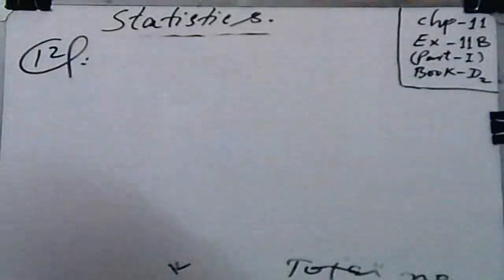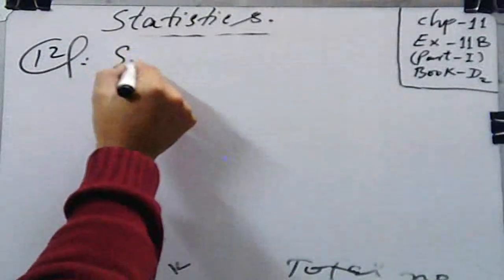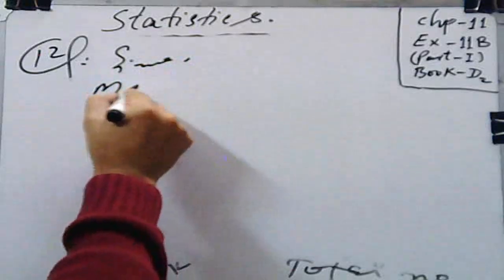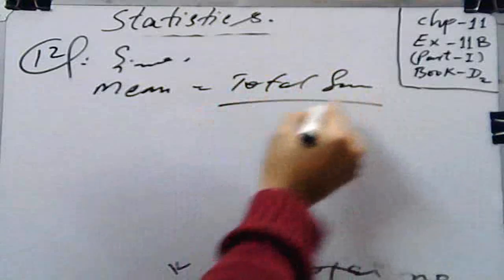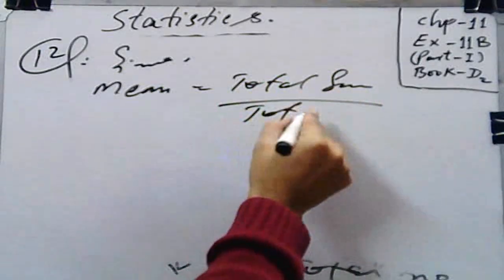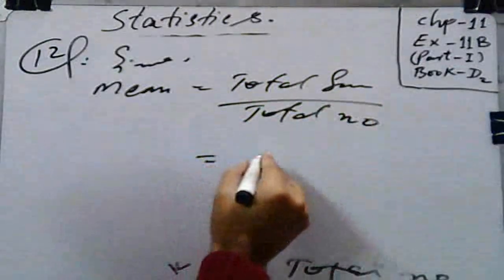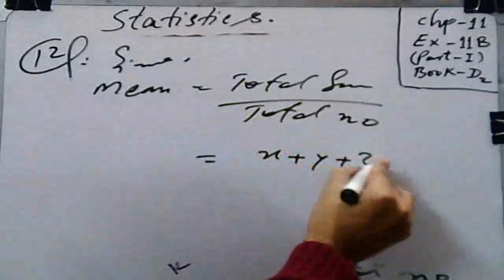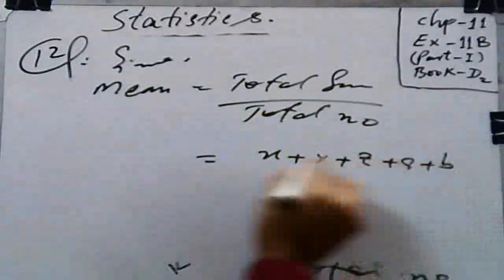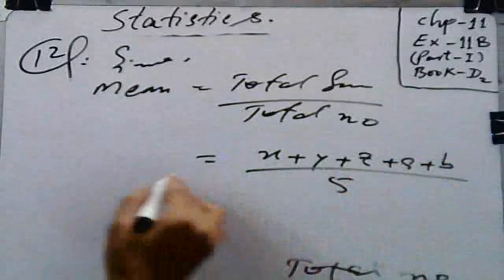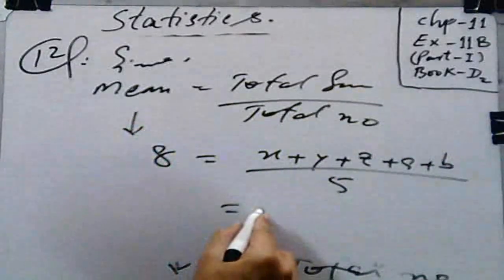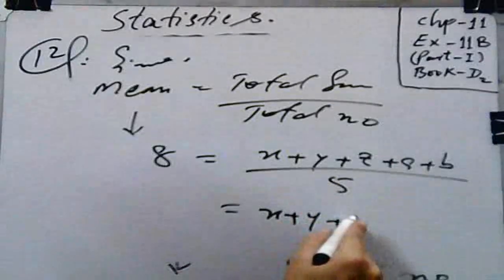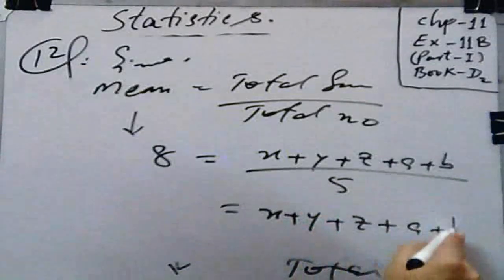Now since we have the formula that mean is equal to total sum divided by total number, in this case the total sum is x plus y plus z plus a plus b, divided by the total number, which is now 5. It is given as 8, so by using cross multiplication you will get 40.